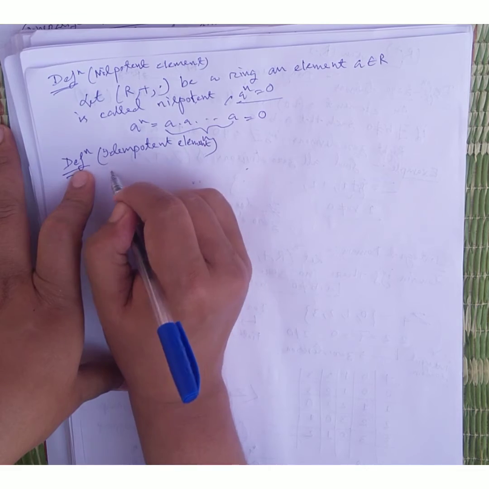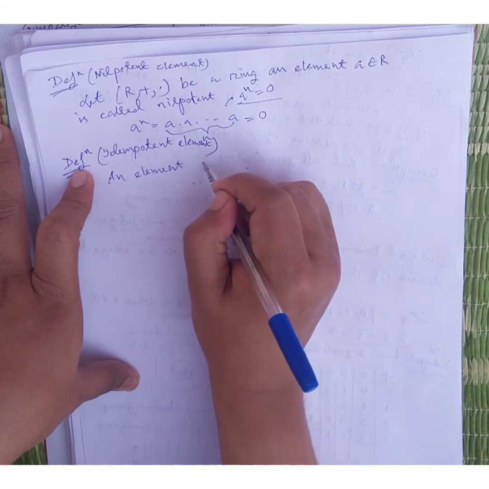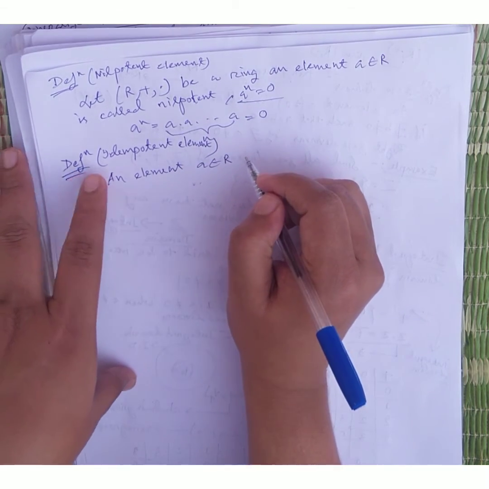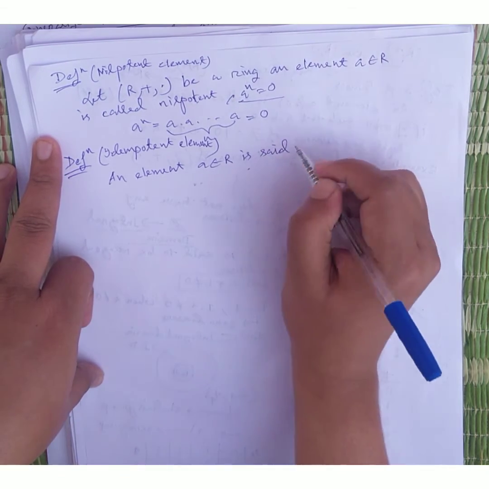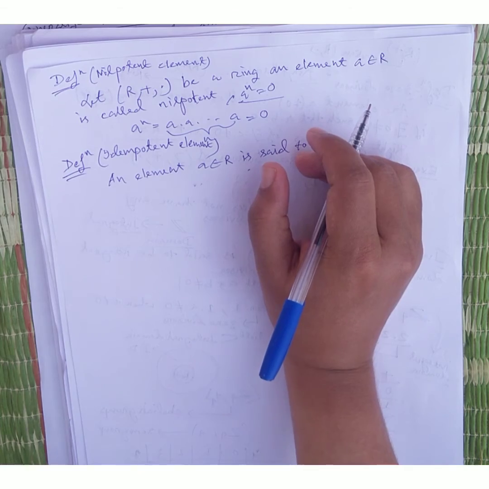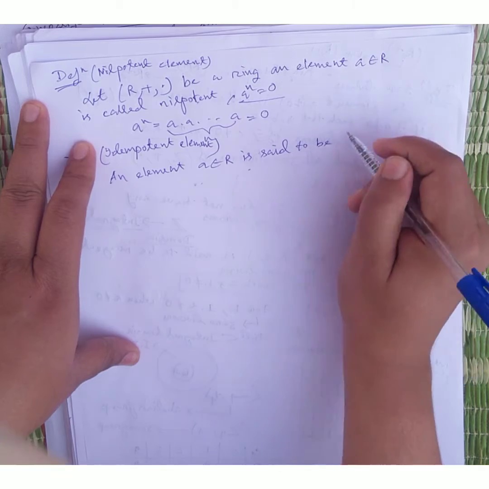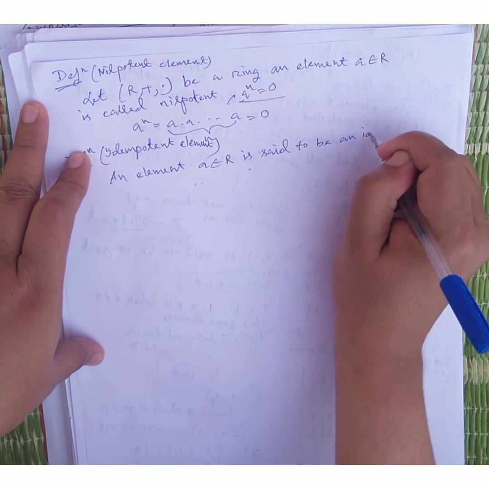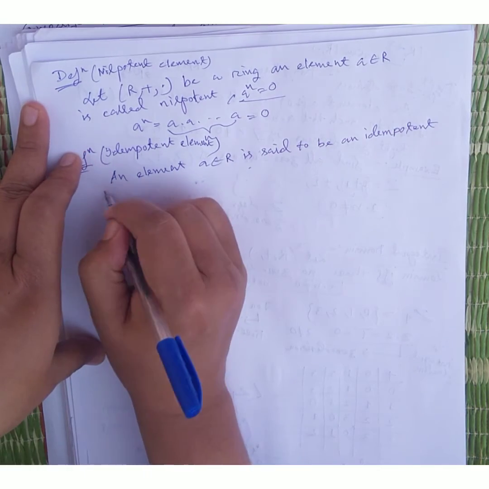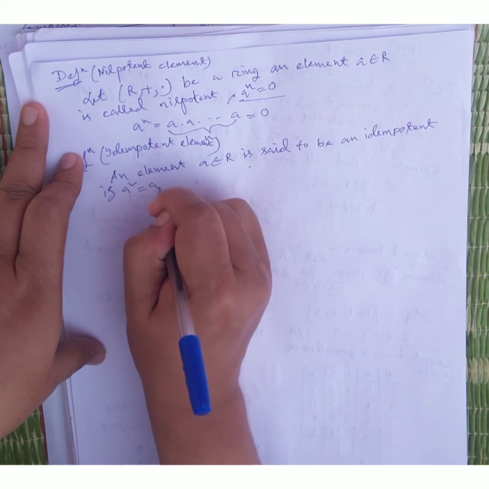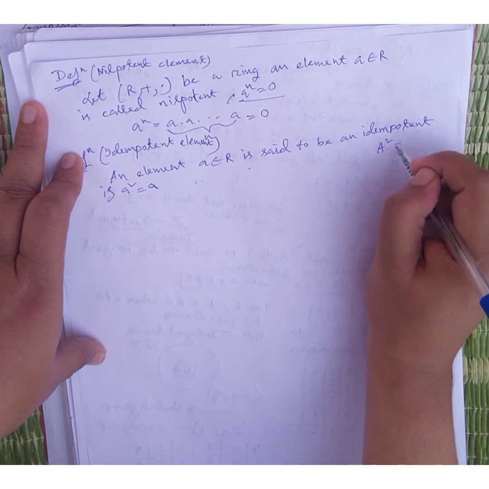An element a belonging to R is said to be idempotent if a square is equal to a. In the case of a matrix, we have learned that A is a matrix and A square is equal to capital A.